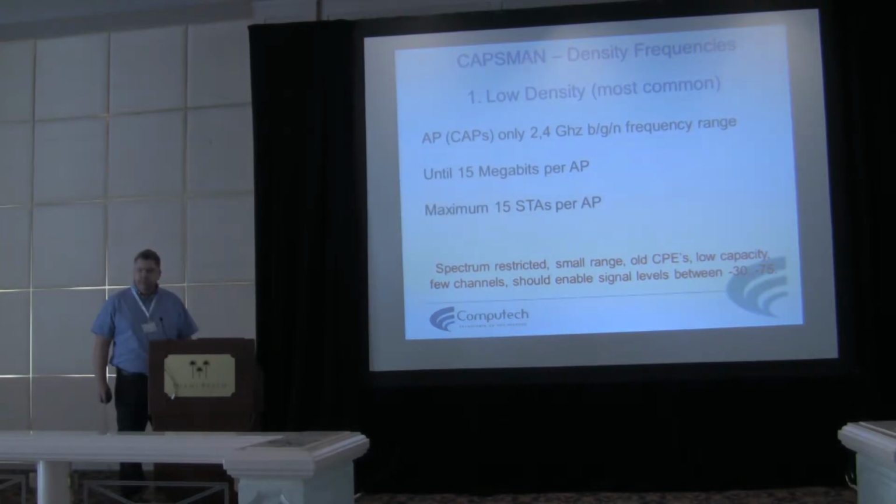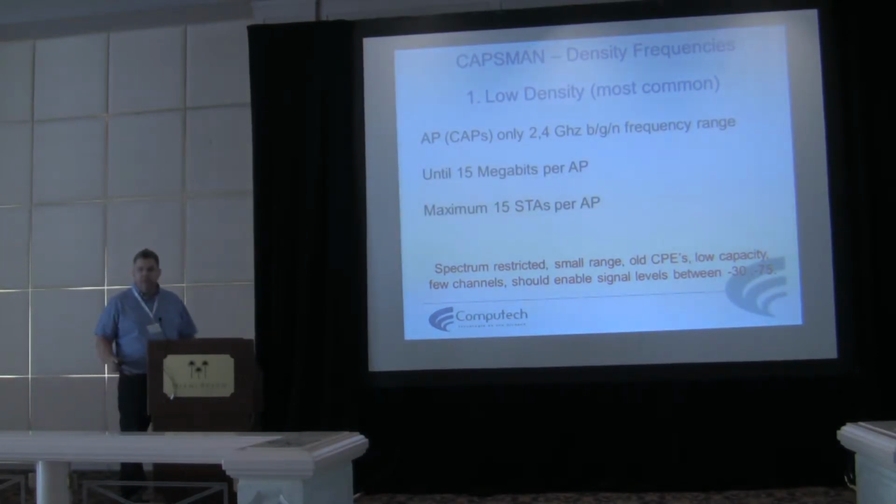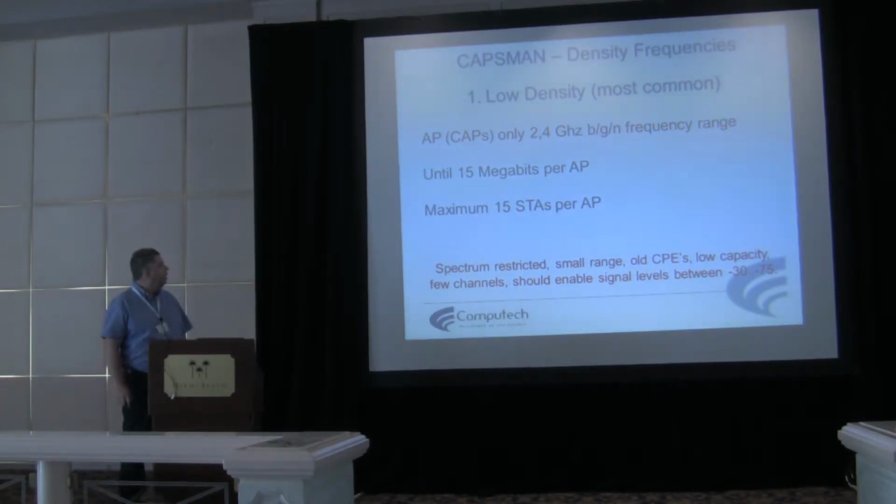Well, let's consider three different combinations and ways to do an event, or cover a hotel or club or whatever. The first one I call low density. It is when you have few access points in a room, few in an application.